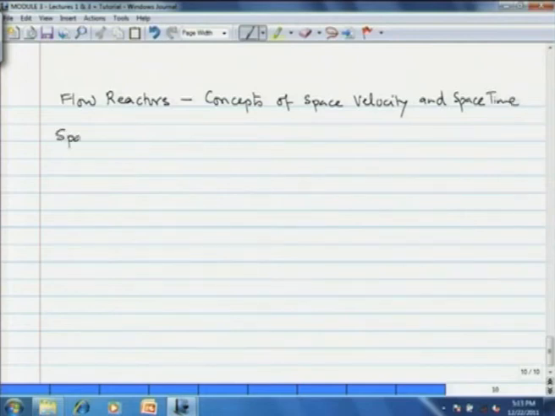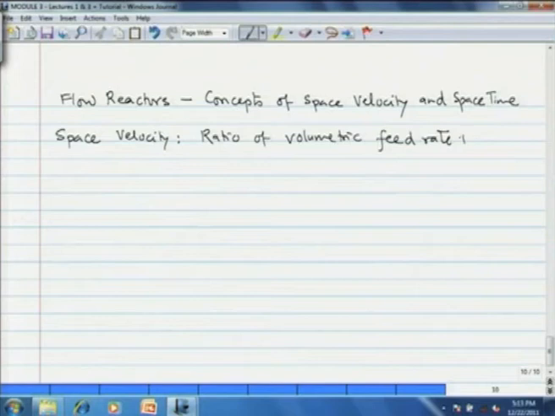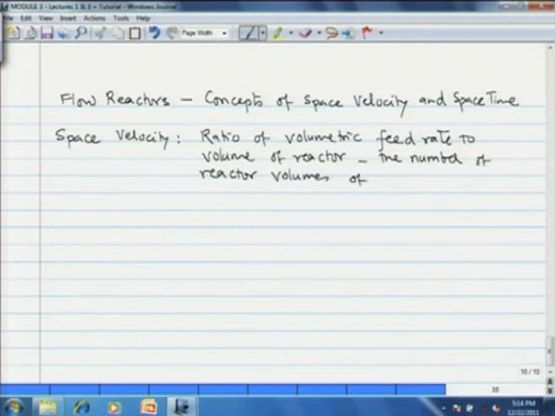Space velocity is defined as the ratio of volumetric feed rate to the volume of the reactor, or, in other words, the number of reactor volumes of the feed that can be treated in a specific time period.